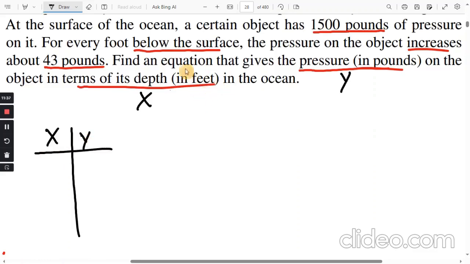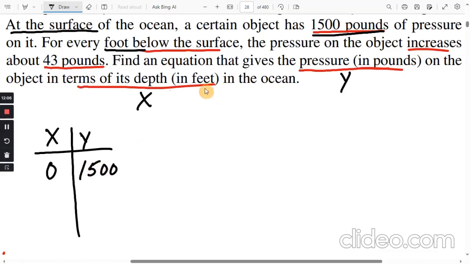All right, so every foot below the surface. At the surface, that's going to be 0 feet, and that's 1,500 pounds of pressure. So x is feet, and at the surface it's 0 feet, and that's 1,500 pounds of pressure.